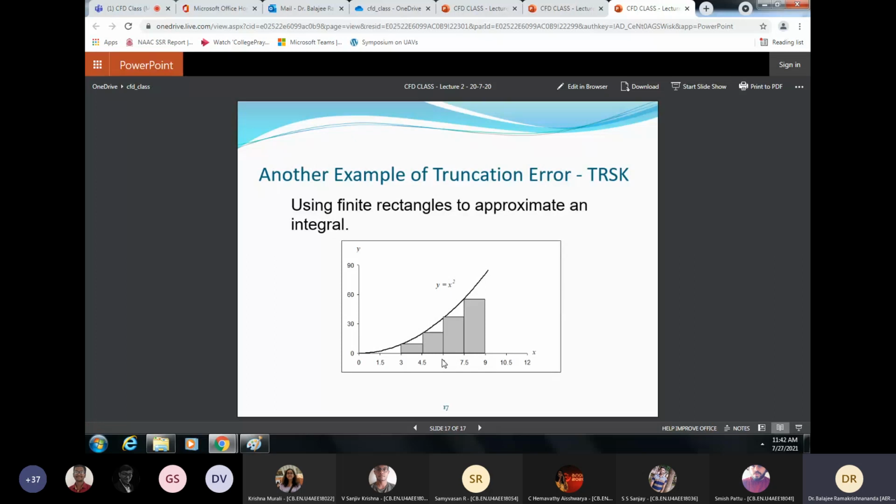So all this I am telling because you look at the combination of these two errors after some time. All to say this, what Krishna told: the round off error will increase if the number of calculations is more.